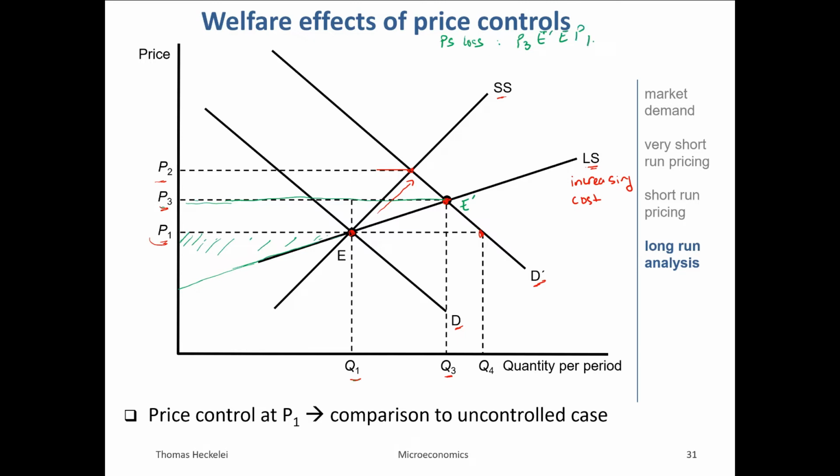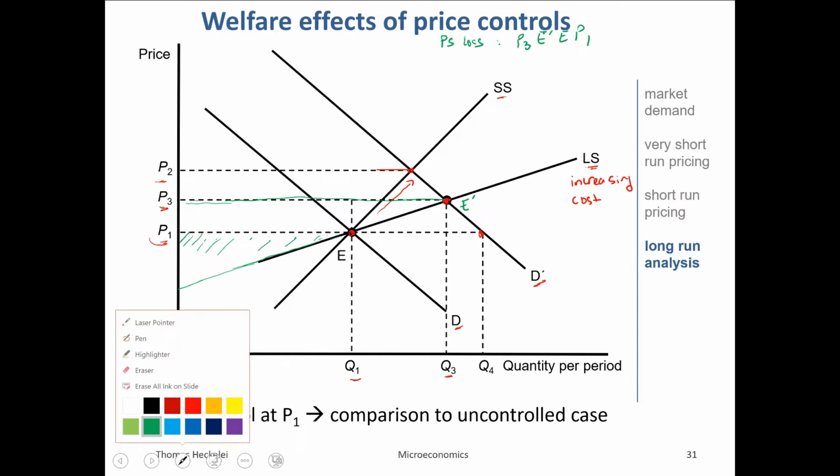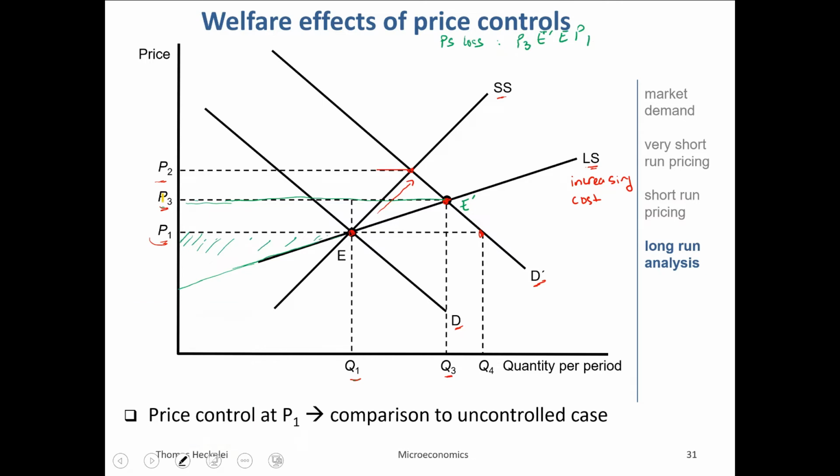Now, let's change the color and use the highlighter. So this part is the welfare loss for the producer. So, producer surplus loss.